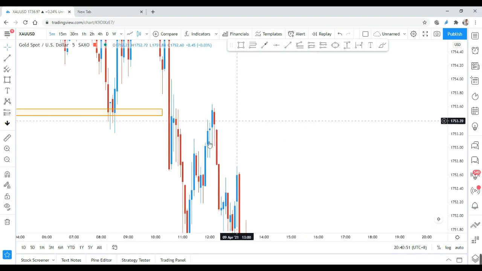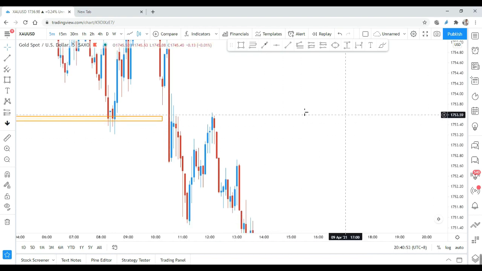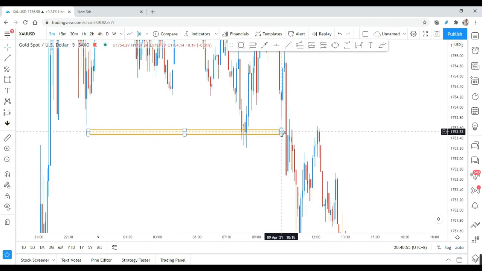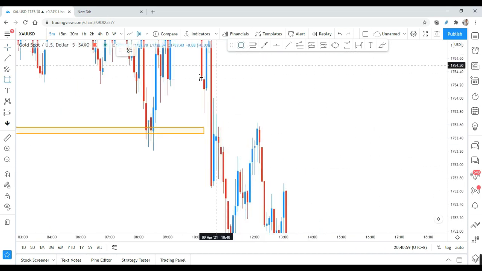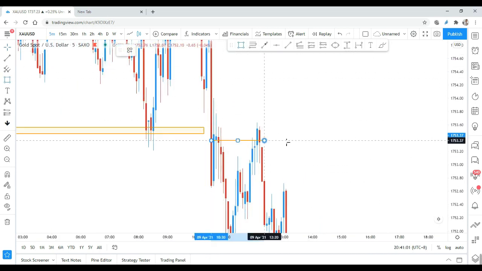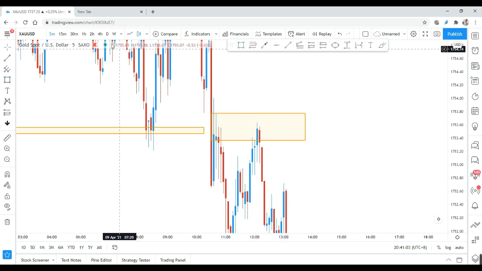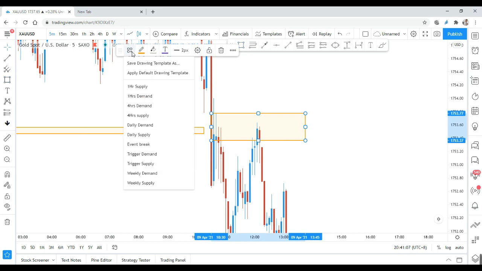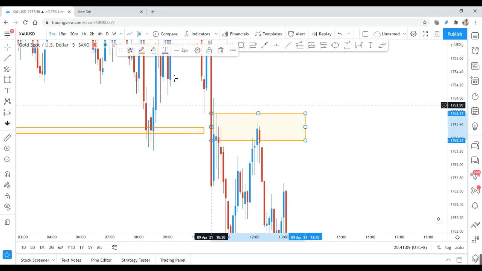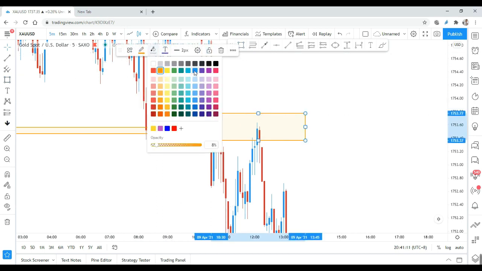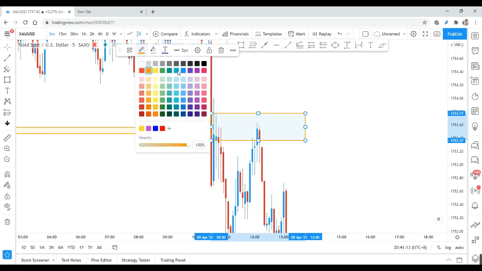Do we have an entry? Definitely. See, I did not remove my box. At this area we have this entry point. Hopefully you guys agree with me. Let's change it into another color so that you won't get confused.